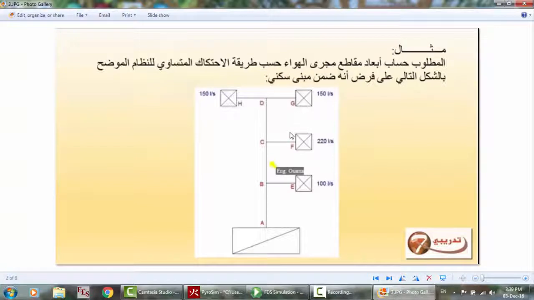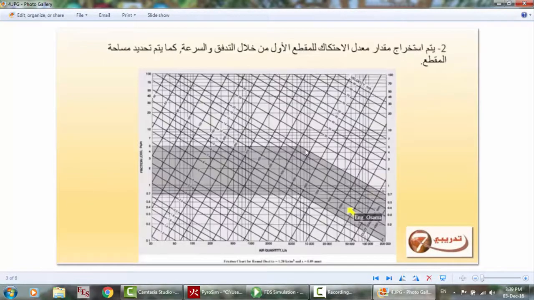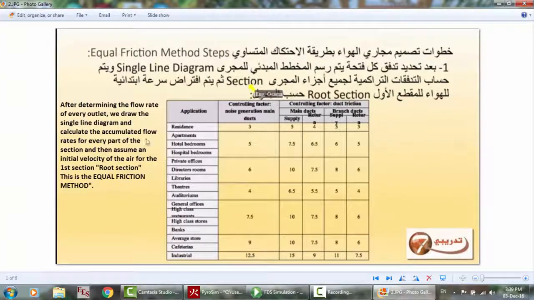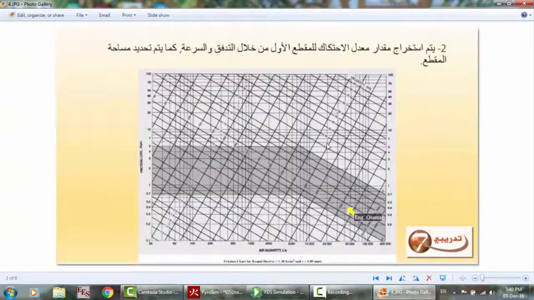And here we have this single line diagram, and we have to size the ducts. Okay. And here we're gonna talk about the equal friction method. This is the equal friction method. This is the initial velocity, and here is the friction.